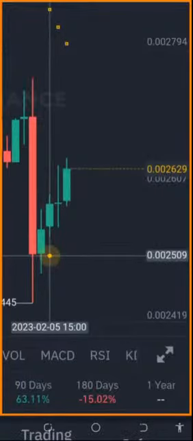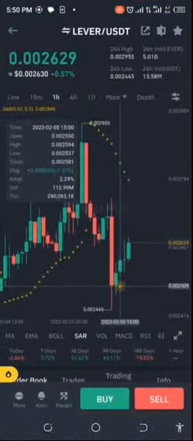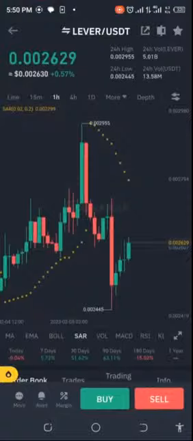It got to 2509. So if I had put 2570, 2550, thereabout, I would have gotten it at a better price, and then I can place my sell limit to something much more considerable. So I hope you'll be able to learn something from here.